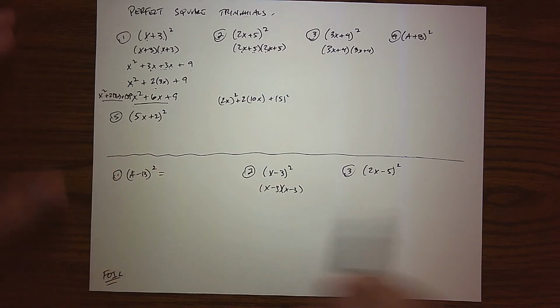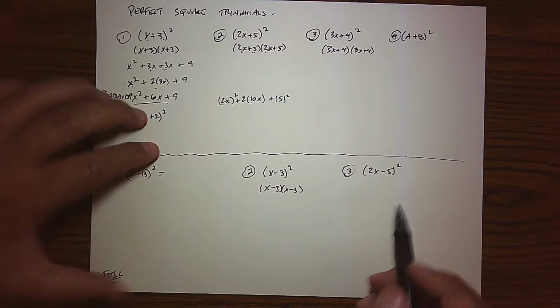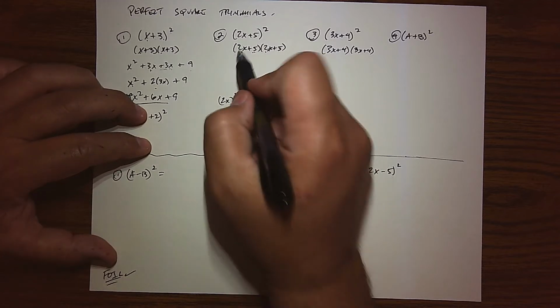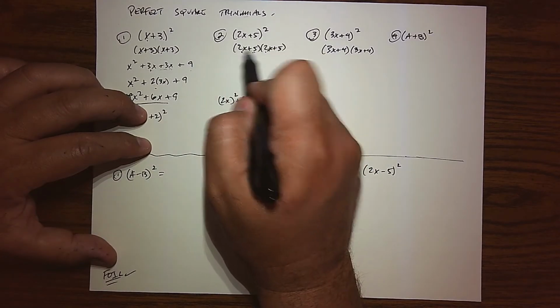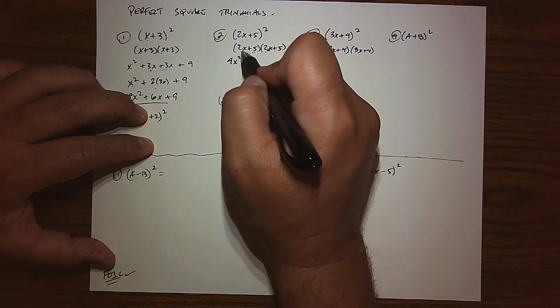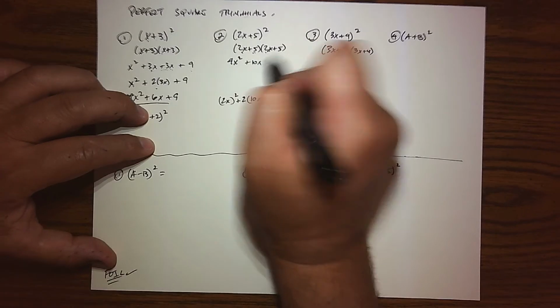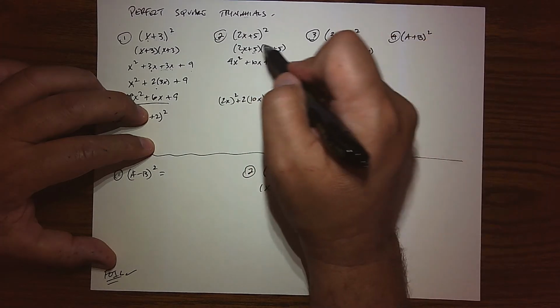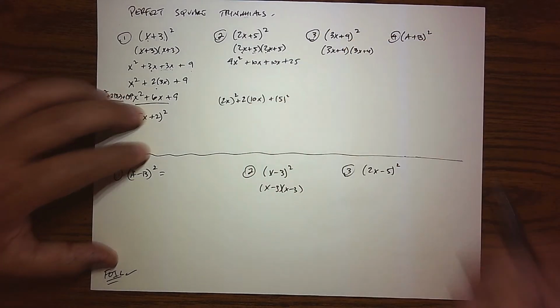So there's basically the pattern that I'm trying to get you to see. But of course, since you guys probably don't see it yet, let's rely on FOIL. If I FOIL this out, 2x times 2x, well, there's my 4x squared. My outer gives us a 10x. My inner gives us another 10x. And then my last times my last gives us 25.